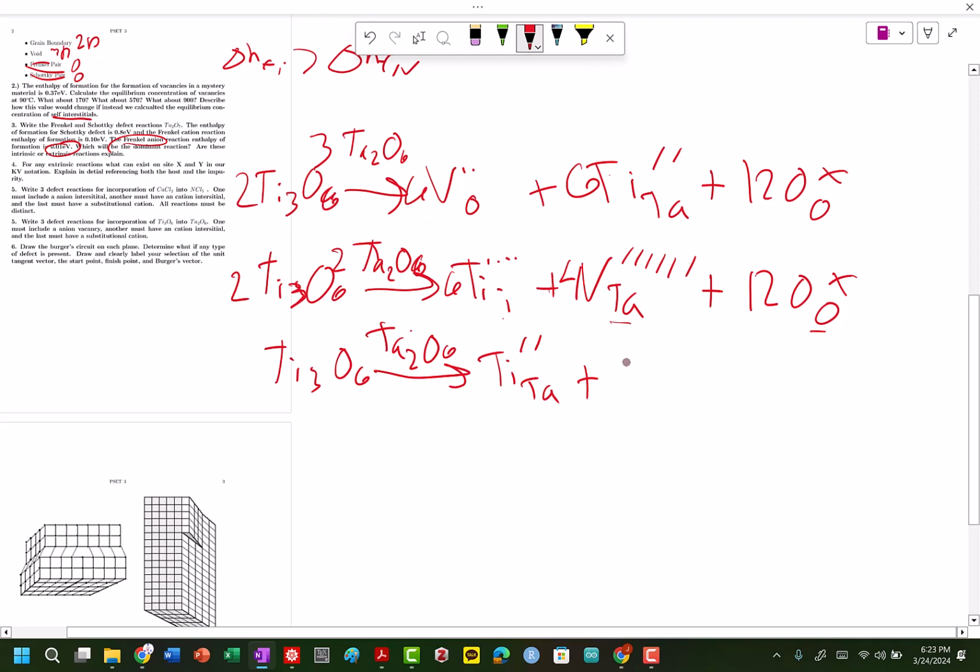I'm going to do plus a Ti interstitial. Ti, and that's going to give me a +1, 2, 3, 4. And I'm going to give me a 2 here. And then that's going to give me 3. And then I need to do +6 oxygen, oxygen X. And so now I've got Ta2, 6 oxygens, got it. So we're good to go.